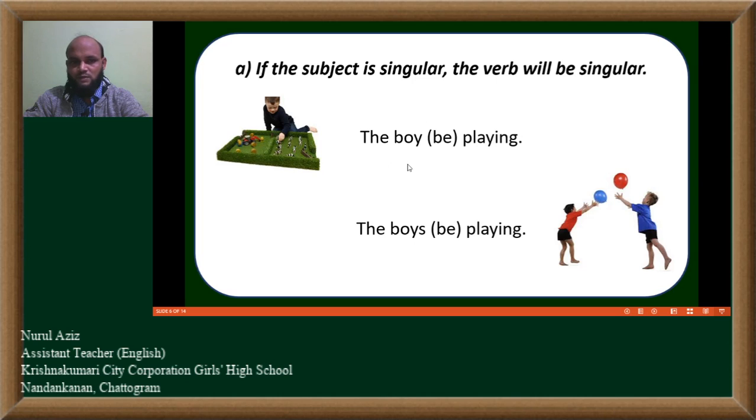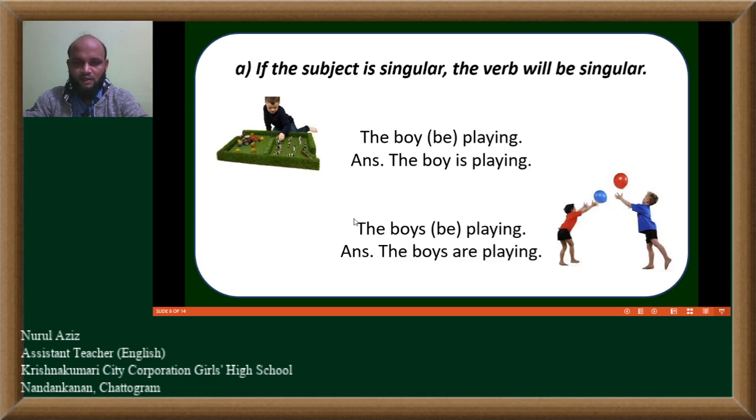So the boy is singular and the verb should be singular. That means the boy is playing. In the next image, you see 2 boys. That means the boys be playing. What should be the verb? The boys are playing. Here, the subject is plural and the verb should be in plural form.